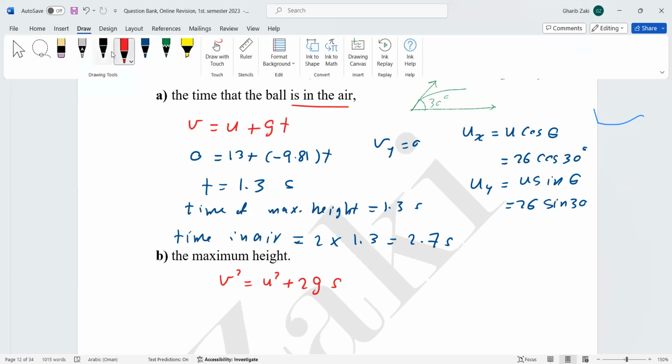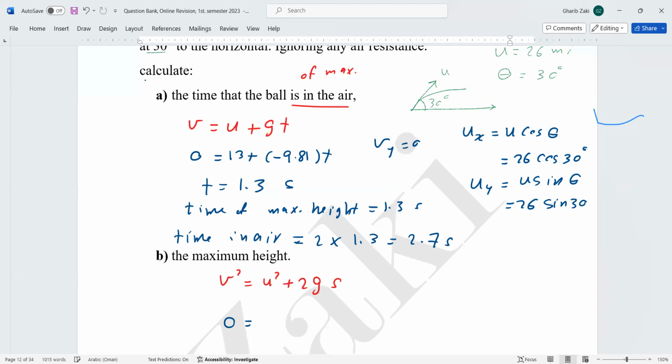Vy equals 0, Uy equals 13, so 0 equals 13 squared plus 2 times negative 9.81 multiplied by s. Now we calculate s from this, the maximum height. s equals 13 squared divided by (2 times 9.81).